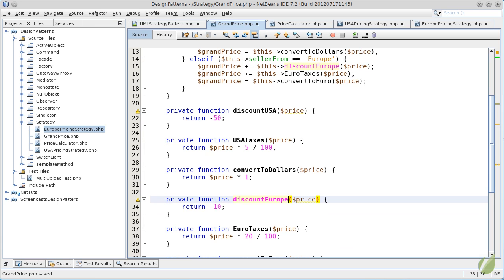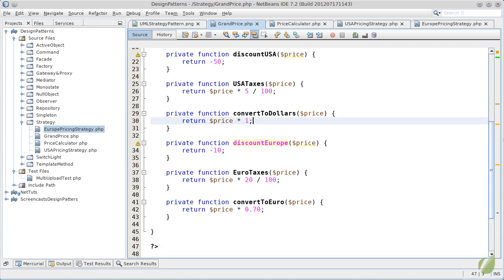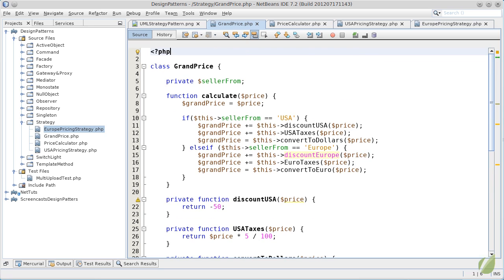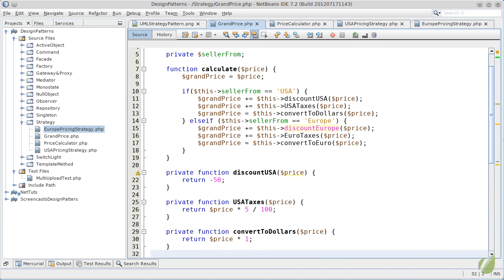So we have more than 20 lines doing a logic that does not really concern the ground price and a calculator. It is more likely related to a class or an object which is connected to a place, to the seller's place, and not to the computations regarding a price.